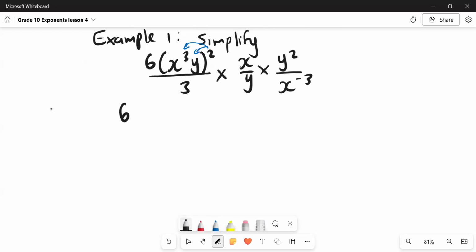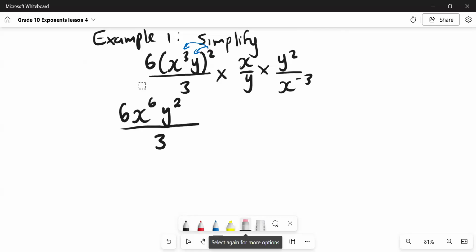This will give us x to the power 6 because of 3 times 2, and then y to the power of 2, and then over 3. Let me use a different color to show you that I've removed the brackets.